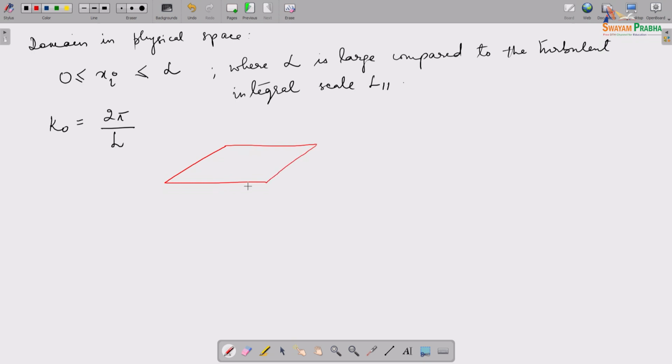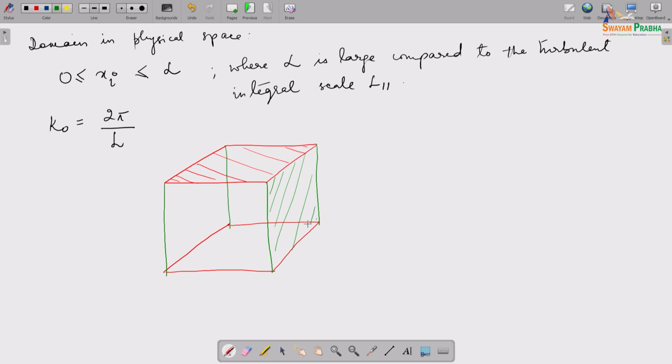Let me draw this space here. Let's just say this is a cubic space.